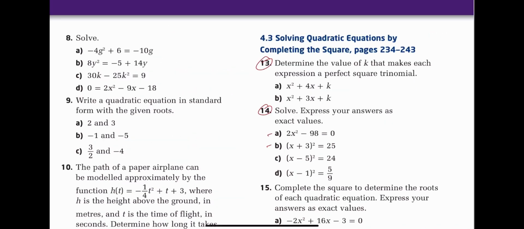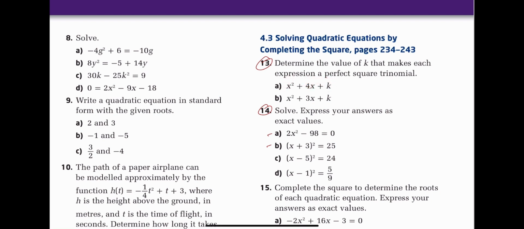Okay, this is a good question. To have a perfect square, you need your C value, the last one, to be the square of half of the coefficient. So for each expression to be a perfect square, the value of the last one, which is k in this example, must be the square of half of the coefficient in front of x, not x squared.